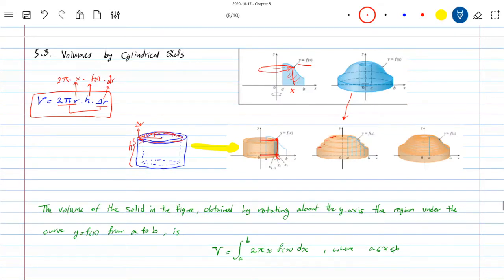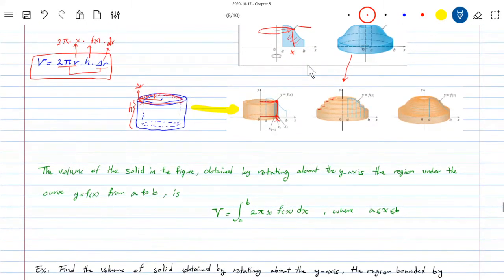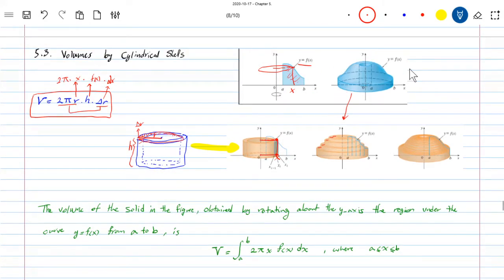So we can state this theorem: the volume of a solid obtained by rotation, focus on this figure 1, we rotate the function f and the area underneath it around the y-axis, there would be a volume. This volume from a to b could be calculated by the integral 2 pi x f of x dx.